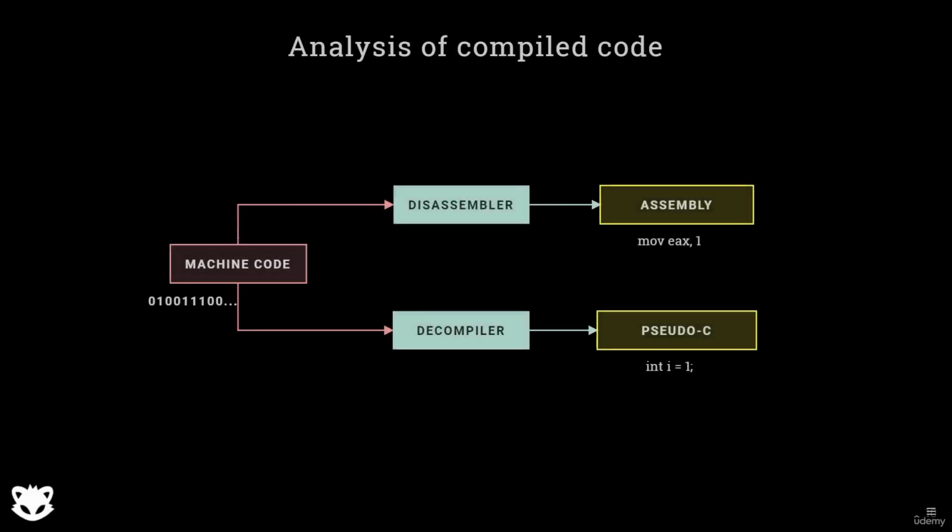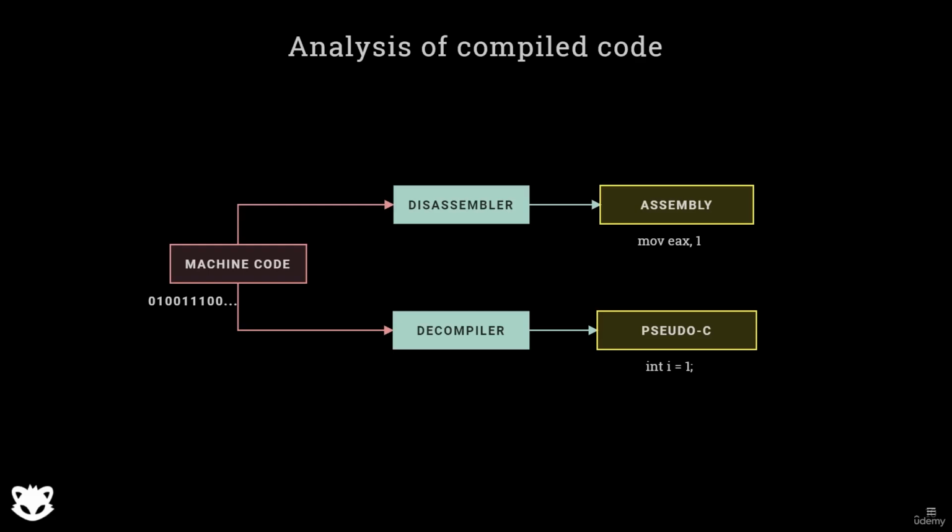To analyze compiled code or machine code, you put it into both a disassembler and a decompiler, and then what you get from the decompiler is some sort of pseudo-C, so some high-level language representation that might not be that accurate. And you also look at the assembly code, which is a low-level language representation of the machine code that humans can read.